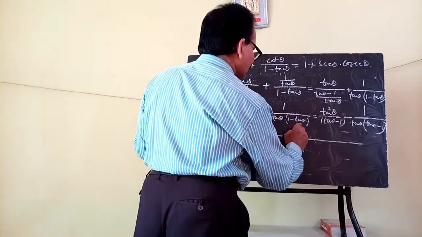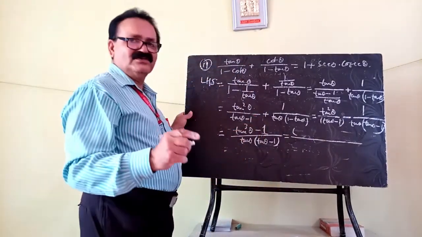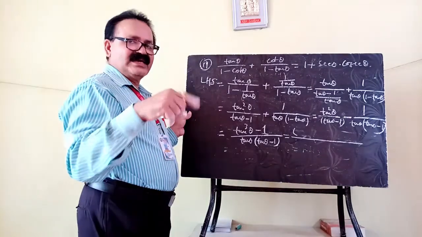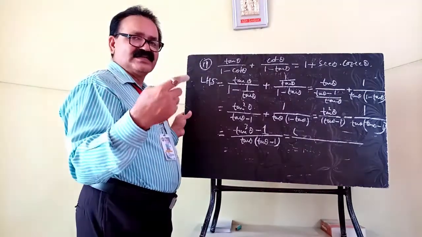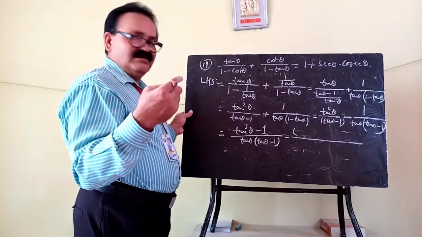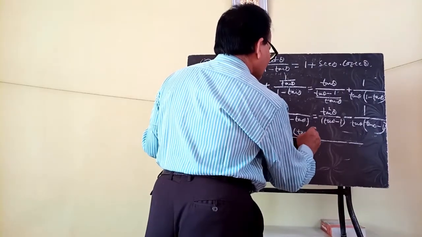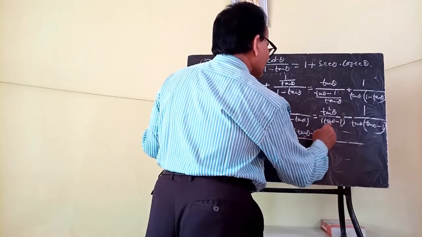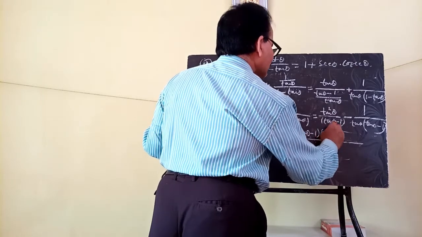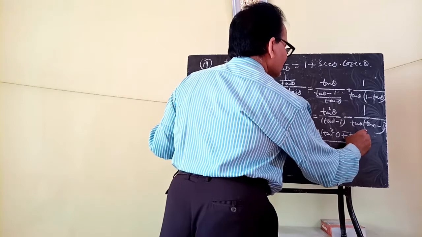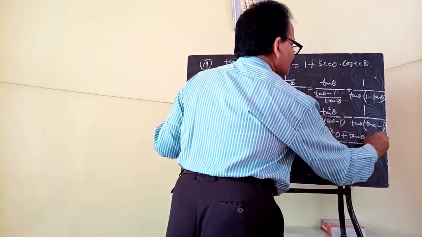For factorization of a cube minus b cube, it is (a minus b) into (a square plus b square plus ab). So that means this is your (tan theta minus 1) into (tan square theta plus tan theta plus 1).